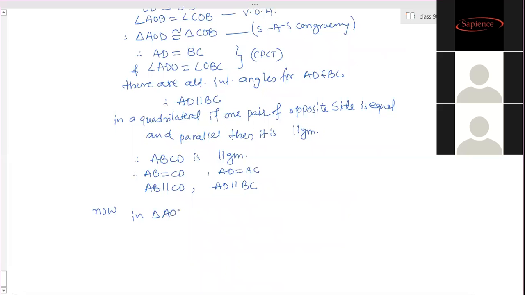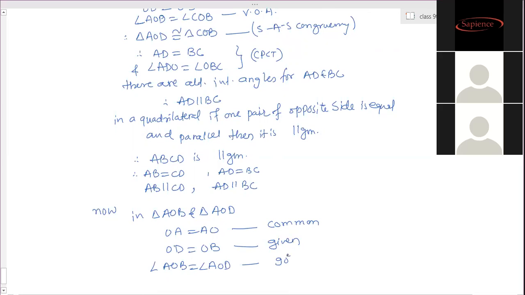In triangle AOB and triangle AOD, OA is equal to AO, common, OD is equal to OB, given, and angle AOB is equal to angle AOD, 90 degrees, that is also given. So therefore, triangle AOB is congruent to triangle AOD by SAS congruency.